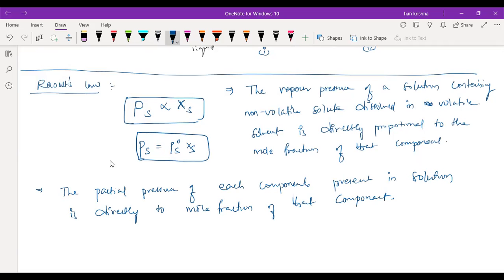Now, is it clear? What is the Ps? Partial pressure of the component. What is the P naught s? It is the vapor pressure of the pure component. It is very important.